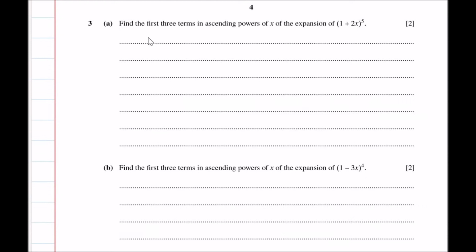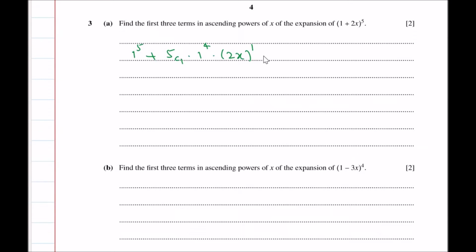So as we know, first term is 1. So we get 1 to the power 5 plus 5c1. Okay. Then 1 to the power 4 into 2x to the power, I'm sorry, 2x to the power 1, because sum of these both powers should be 5, which is the power here.